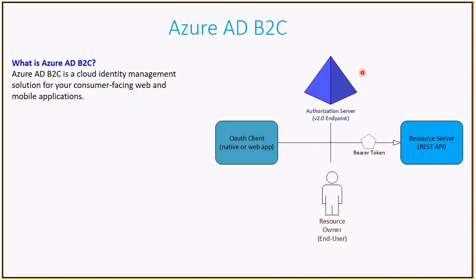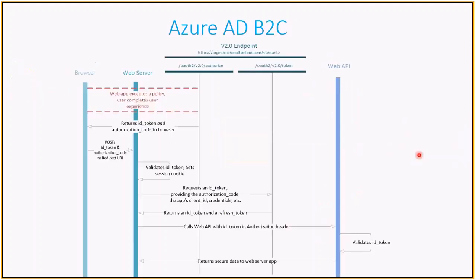Then Azure AD would give a token, and that token would be presented to whatever resources or REST APIs a particular user is trying to access via a mobile app or any native apps. So that's how Azure B2C works.